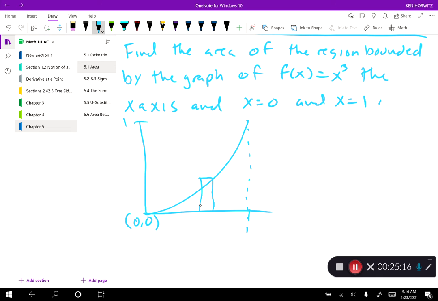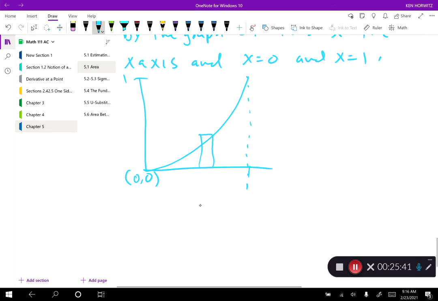Now I want to figure out how to do some summation notation. Notice I didn't specify how many rectangles. I want to use as many rectangles as I can to get as good an estimate as I can. I said in the last problem, the more rectangles I use, the better. So what's the best?